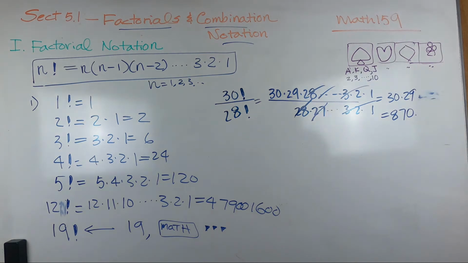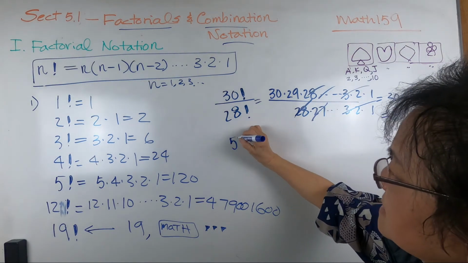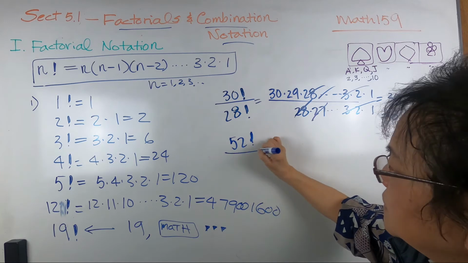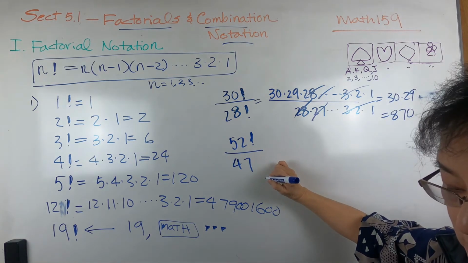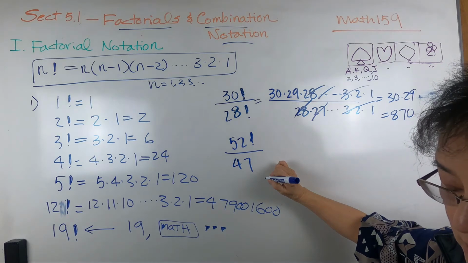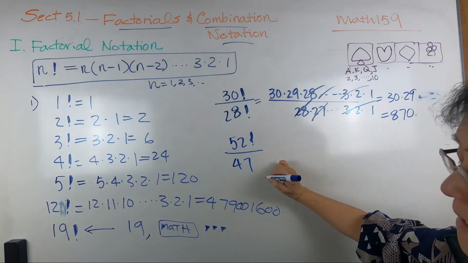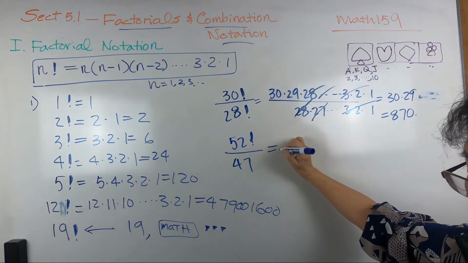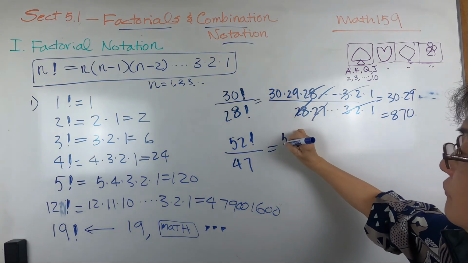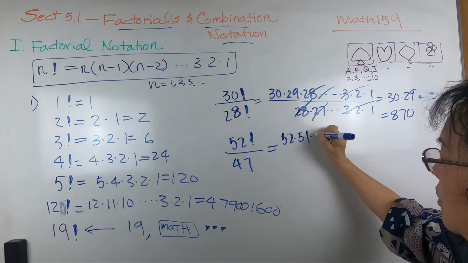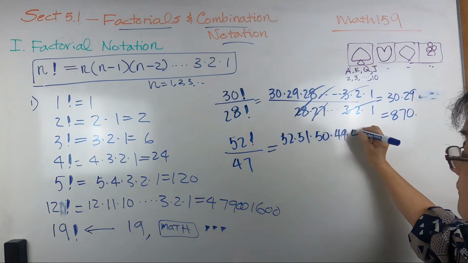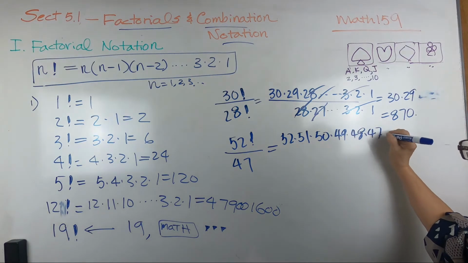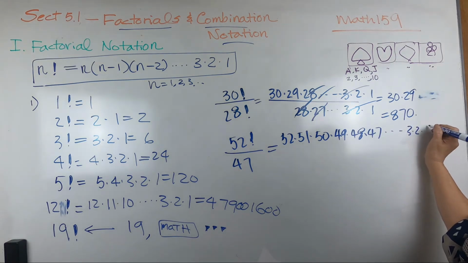And if you have 52 factorial divided by 47 factorial, then you will do 52, 51, 50, 49, 48, 47, all the way to 3, 2, 1.